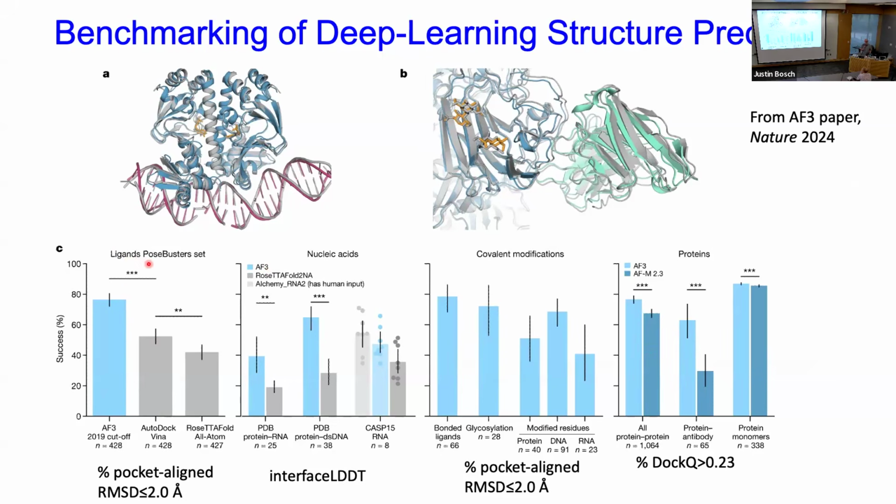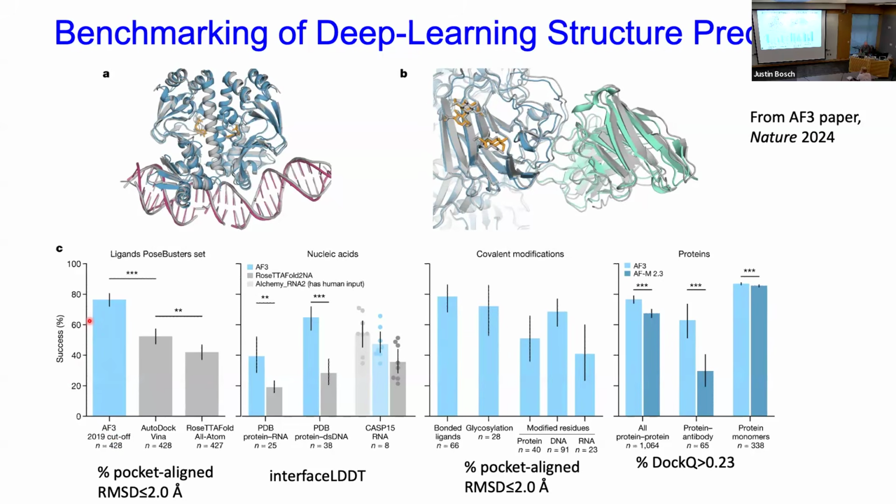The first one is about predicting the structures of ligands, where the small molecule ligand is from the PoseBusters set from Charlotte Deane's lab. Each of these bars is the percentage of, if you align on the residues around the pocket, where in the crystal structure the ligand is bound, and you just calculate the RMSD of the ligand atoms.